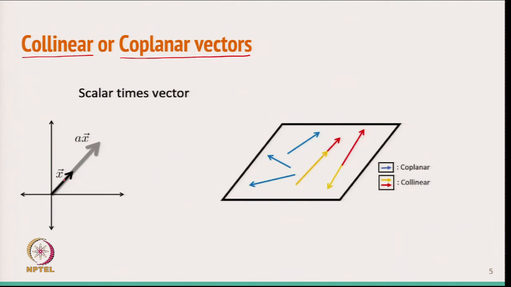So, it is a type of collinear vector. Suppose I have some vector x and some other vector y, okay. And from here suppose it is my V1, it is V2, and let my V2 be some scalar multiple of V1. So, it means both are coming on the same line.